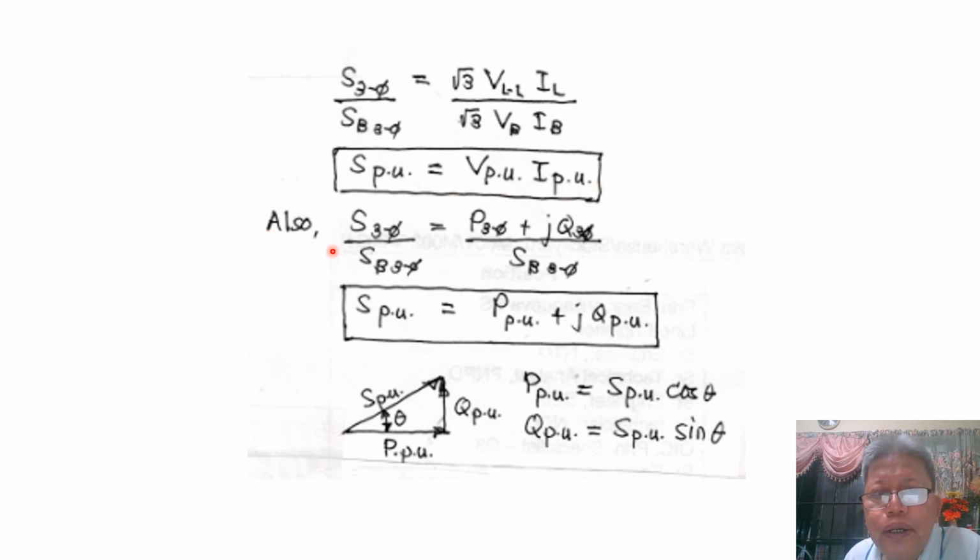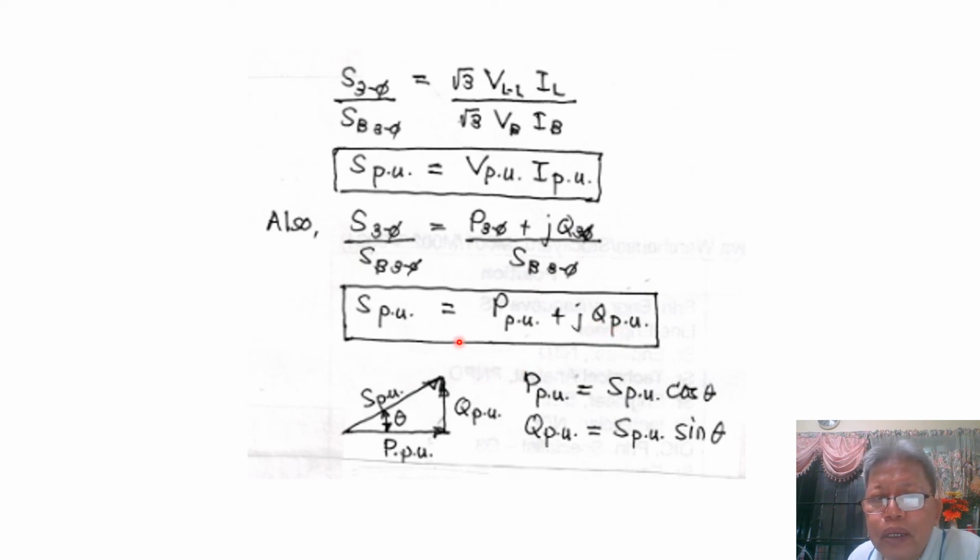Also, our three-phase apparent power is equal to three-phase real power P plus j three-phase reactive power Q. So we divide both sides by the apparent base power. At the left you have S PU, and then at the right we have P over S base, which is our P PU, and then Q over S base is our Q PU.